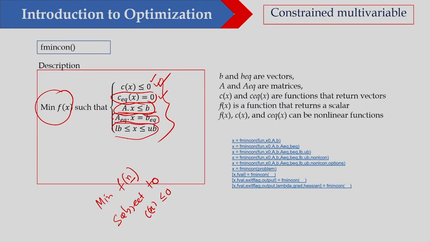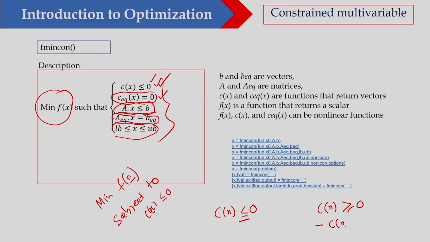So, here we have to note one thing, that when you are defining an inequality constraint, that means c(x) is less than or equal to 0, this sign should be less than or equal. That means if your problem is that c(x) is greater than or equal to 0, then what you will do? You will multiply it by minus 1.